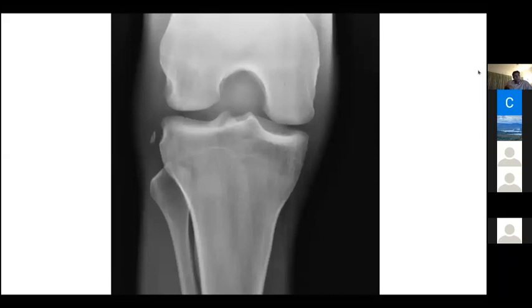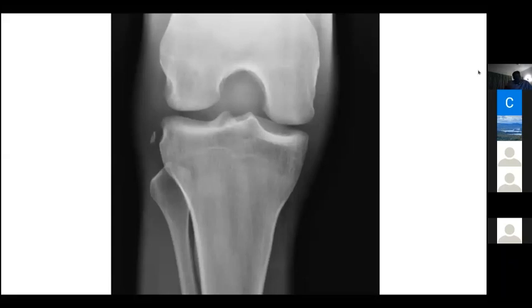What are you worried about now? Sir, that it is most often associated with ACL injury, sir. Okay. Anything else? Any other injury you have to suspect? ACL is the number one thing here, but when you see this, you think of more serious injuries inside the knee. Could be PLC as well. Yes, sir.